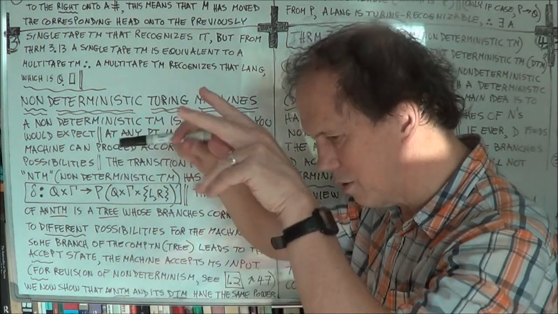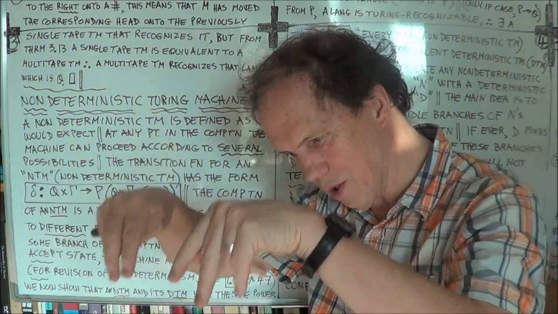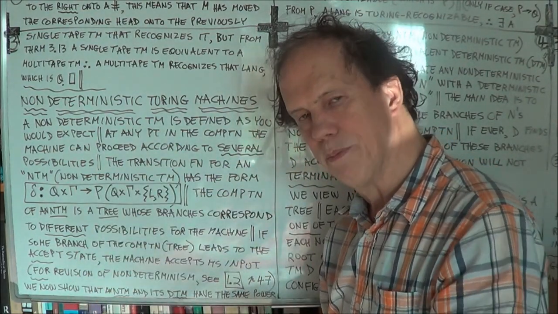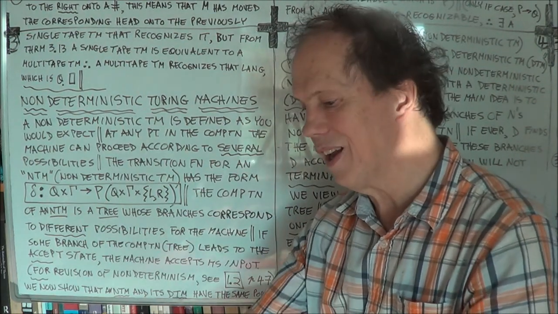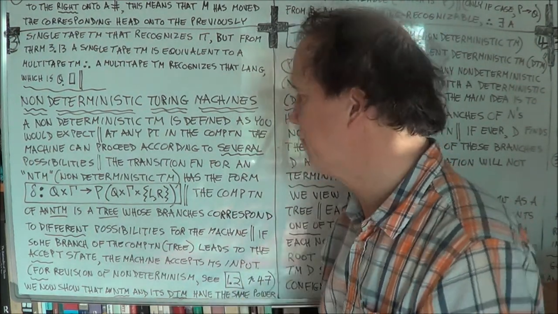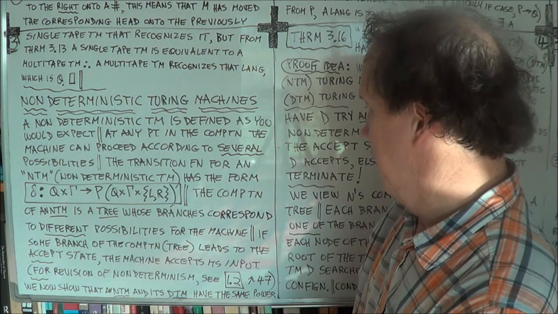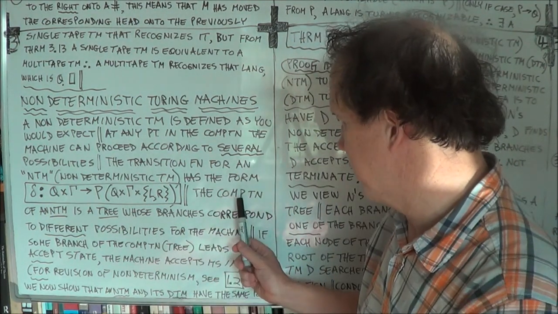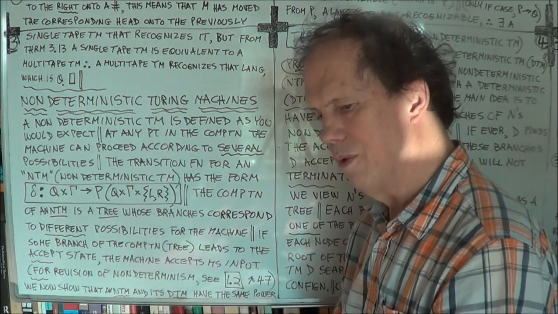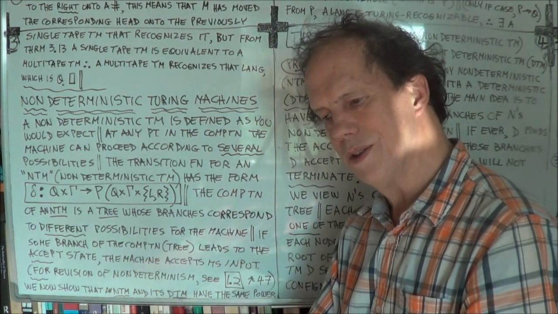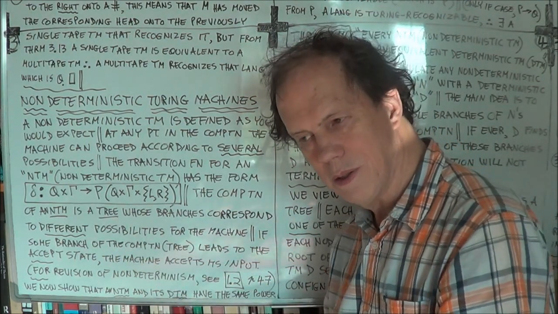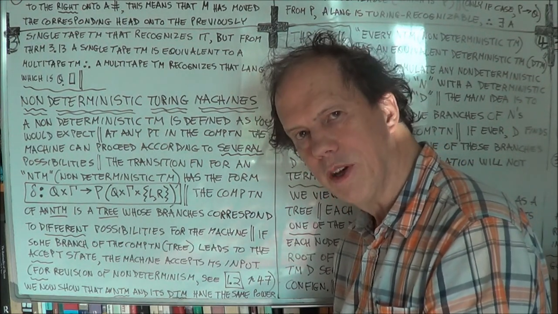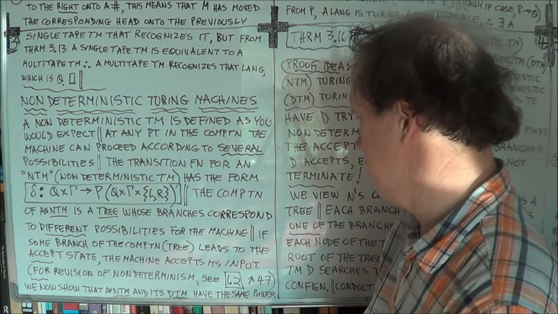Those two Turing machines will independently proceed down their various branches, and they may split again and again, and you get a whole tree. That's familiar, really no different from what you've done before.